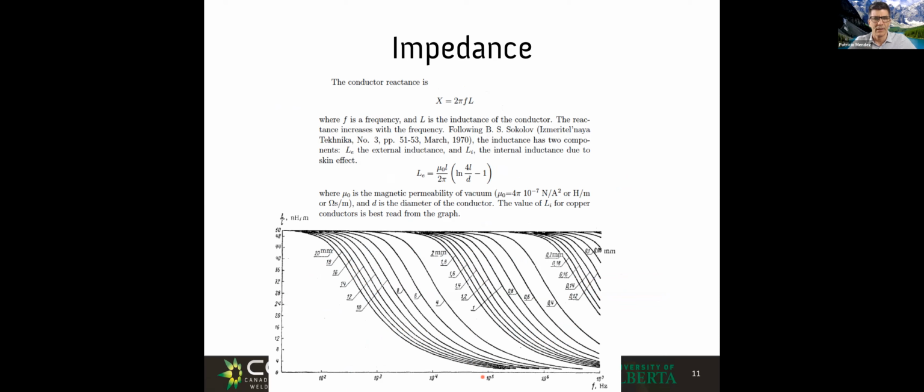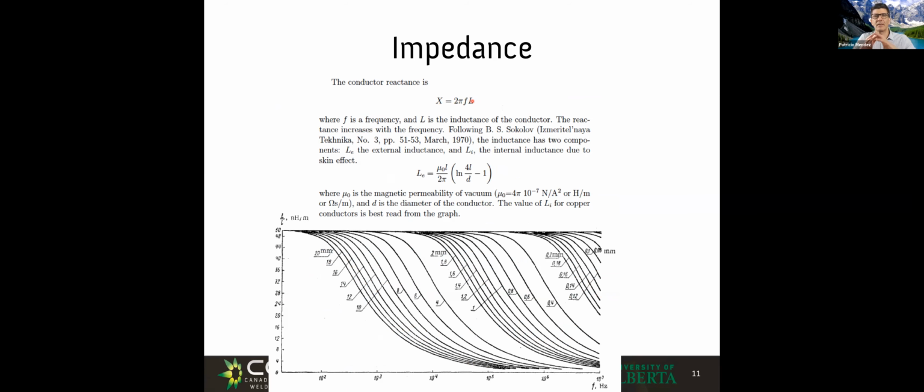Impedance. So let's see what the effect of pulsing is. The reactance, X, the imaginary part, has this formula: 2 pi frequency times L. L in this case is not length, it is inductance. Inductance has two components.